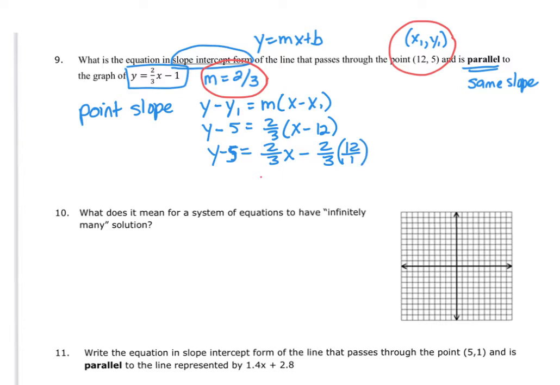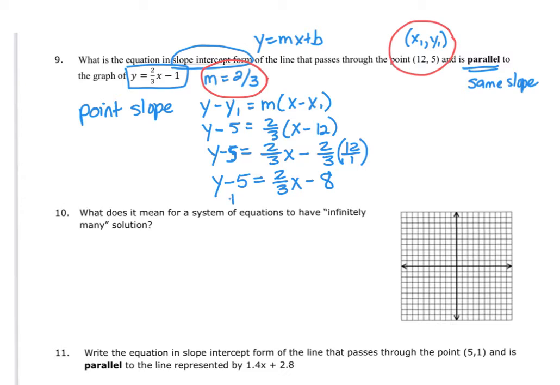Continuing with my solving, y - 5 = 2/3 x minus, when I multiply out my fractions, that's 24 over 3, or 24 divided by 3, which is 8. A couple of different ways you can do that. You can reduce it down, or just multiply straight across the top and straight across the bottom, and that's going to give you y - 5 = 2/3 x - 8.